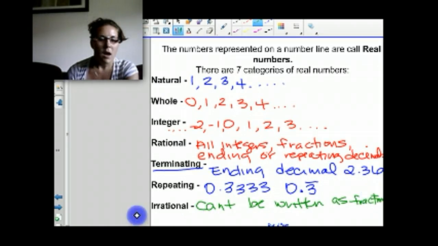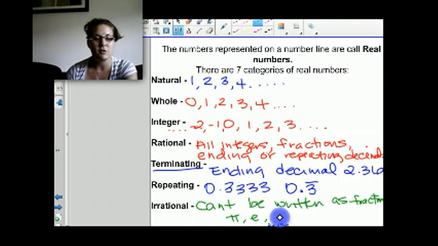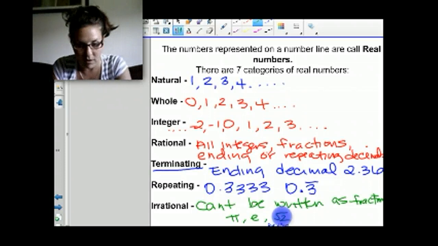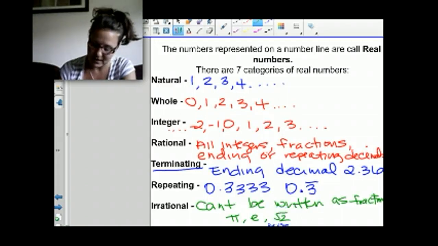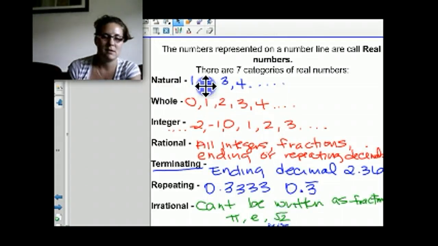For example, pi. There's a number e that is irrational, and a lot of times the square root of 2 was the first ever proven irrational number. In fact, the guy that proved that the square root of 2 was irrational was thrown overboard on a ship because they did not think irrational numbers existed.